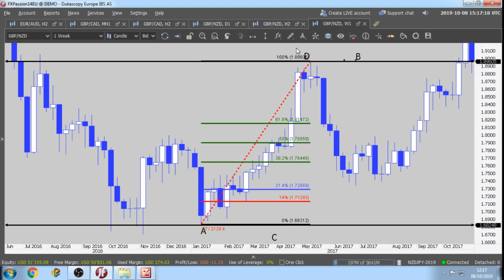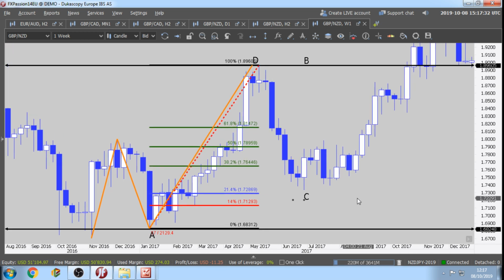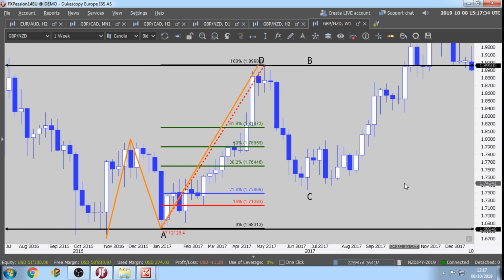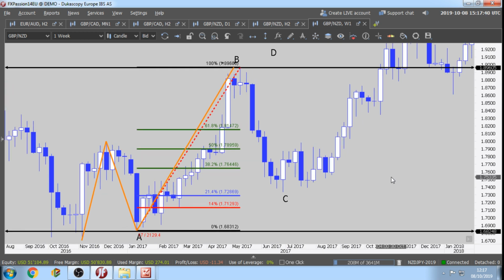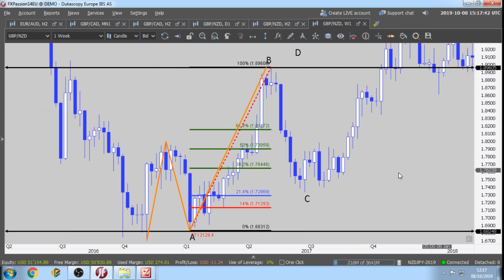If you want, of course, you can keep track of the A, B, C, D, right? Now what is the C again? It's always the same. The C is the lowest point inside the AB boundary after the B, before the market hits the appropriate D extension.